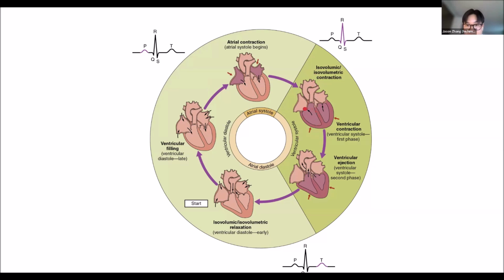But once the pressure of the ventricles exceeds the back pressure, the afterload of the pulmonic or aortic valve, the blood will then shoot out into the body, and that would be the ventricular systole, represented by the QRS on EKG. And then you have a T wave, which correlates to ventricular repolarization, and then the cycle continues.